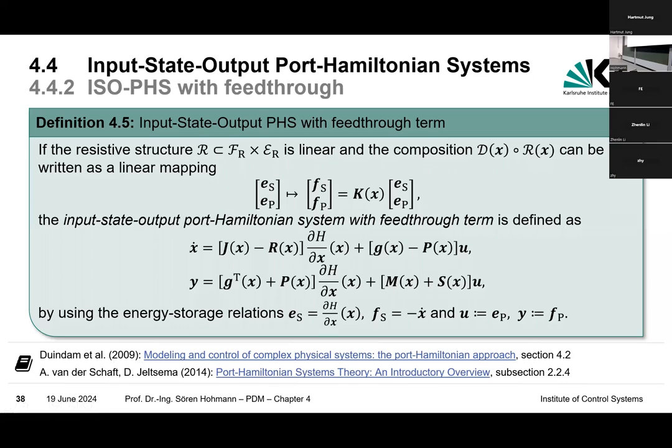There is the if: if the resistive part is linear, then we can produce a linear mapping, and in particular we can write down the system in this form. We can always write down the system in a J minus R form, where the states and the input are composed of other matrices, and the output is defined as well in the following form.